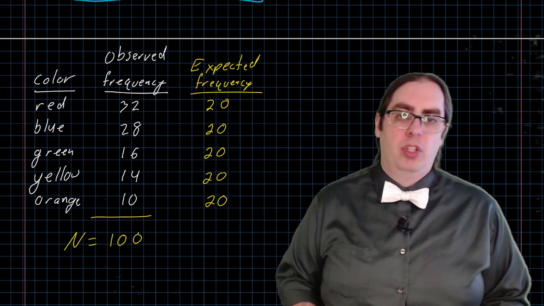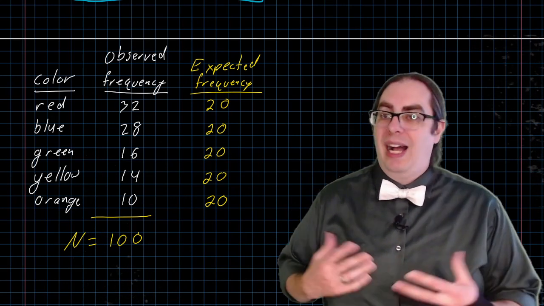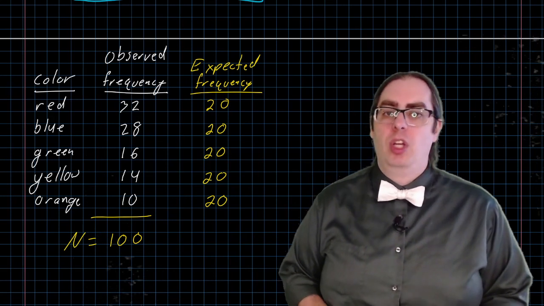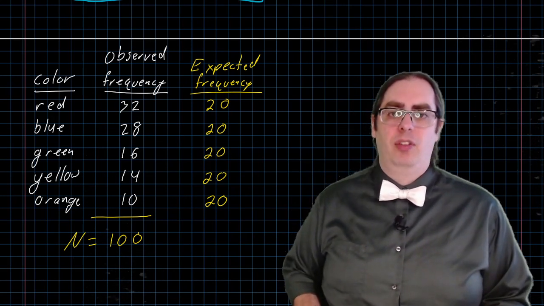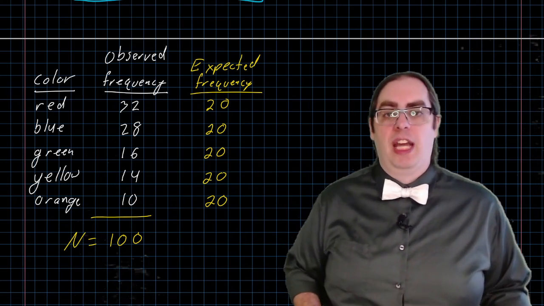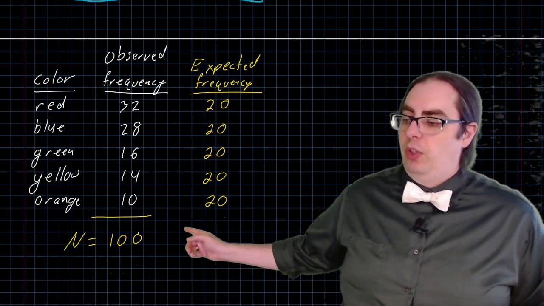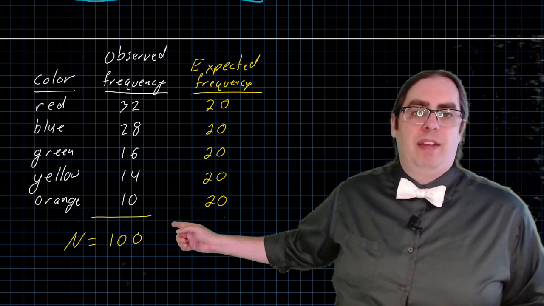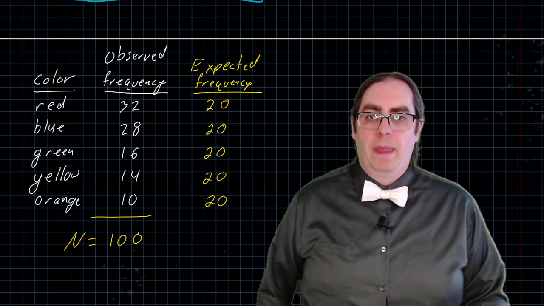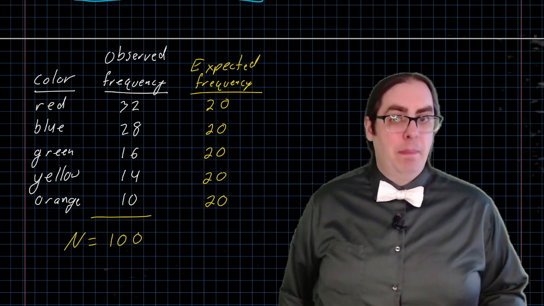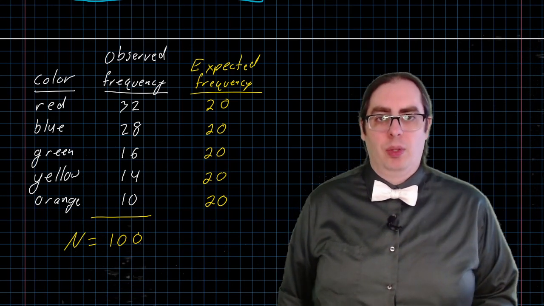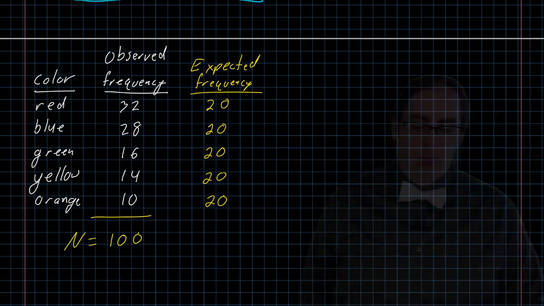If I wasn't talking about equal likelihood, I'd have to have some other way of conveying what my expectation is. Percents are really nice. Take the percent likelihood that you expect for each category, multiply by the total number available, which doesn't have to be quite so easy as 100, but that will give you an expected number, the expected value of each of the categories, giving us something we can work with.